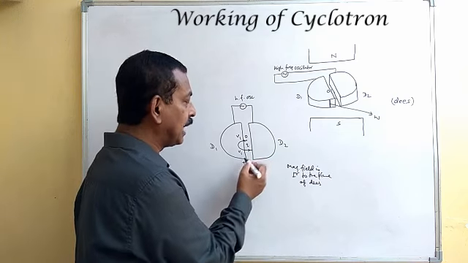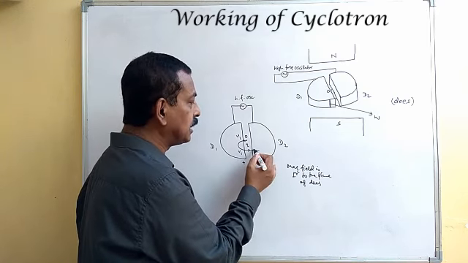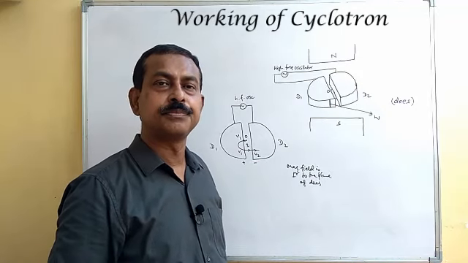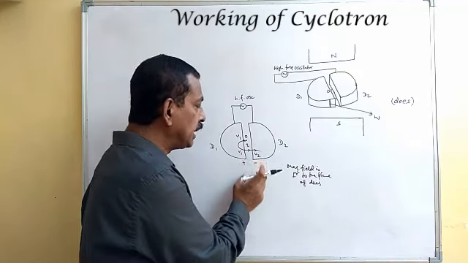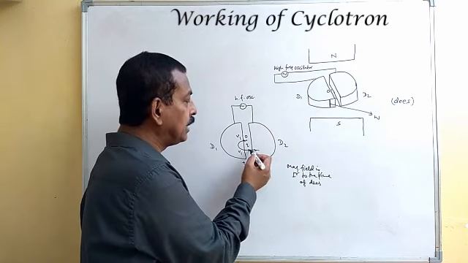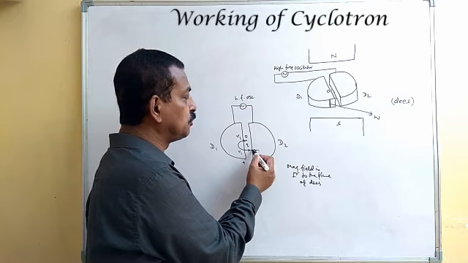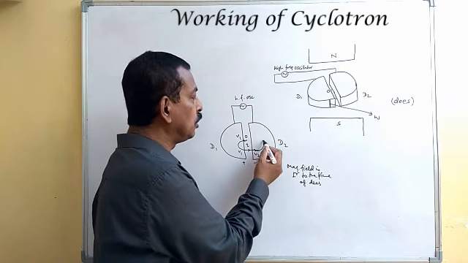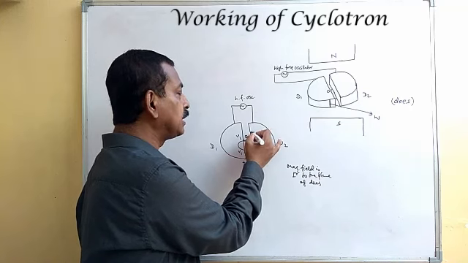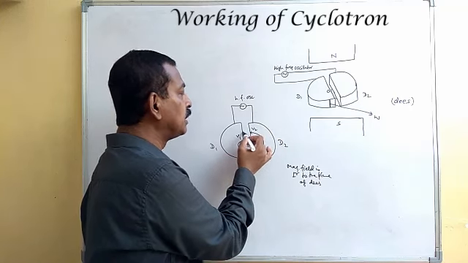And now it will enter the second D with the velocity v2. Because in this gap there will be electric field, it will get accelerated due to that field, and it will enter the second D with increased velocity, and due to which it will follow again a semicircular path. Again it comes out here with speed v2.